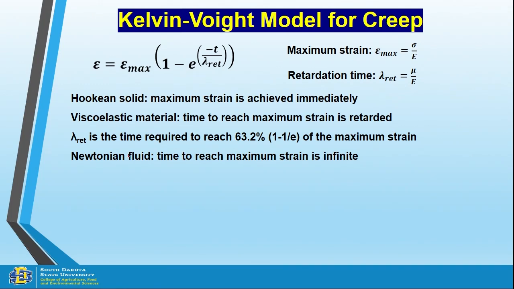On the other hand, if it is a Newtonian fluid, the time to reach maximum strain is infinite. Because if you consider only the dashpot, it will not go immediately to the bottom. It will slowly go down. It will not come back. That is the classic nature of the Newtonian fluid.